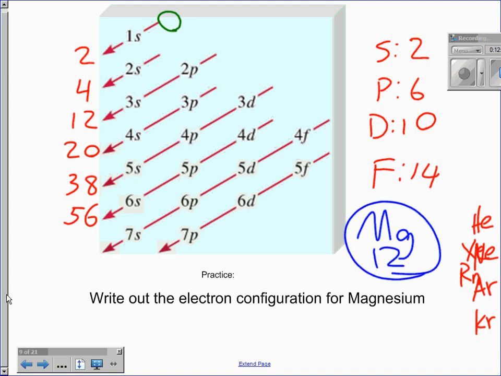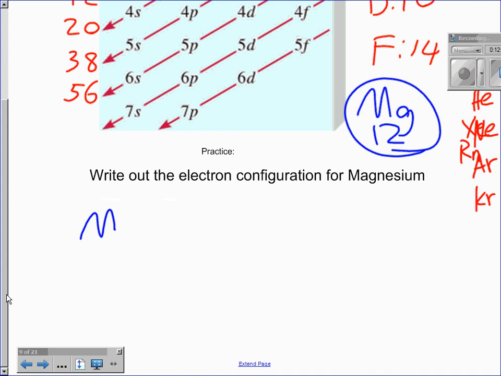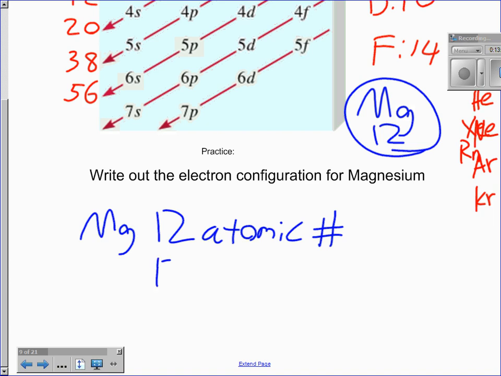All right, if it's element number 12, how many electrons does it have? 12 is its atomic number, by the way. So if we have magnesium, 12 atomic number, that means it has exactly 12 electrons.